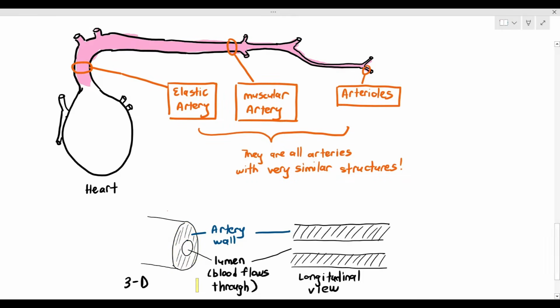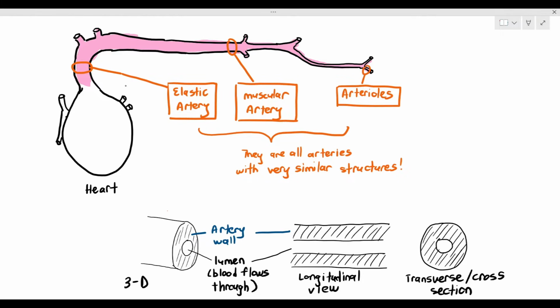The transverse or cross section is the easiest way to look at the artery because we can actually appreciate how thick the artery wall is and how small the lumen is in relation to the artery wall. So this is the more common diagram that as a student you should be familiar with, the transverse or cross section. However, sometimes they may give you the longitudinal view in the exam too, okay?